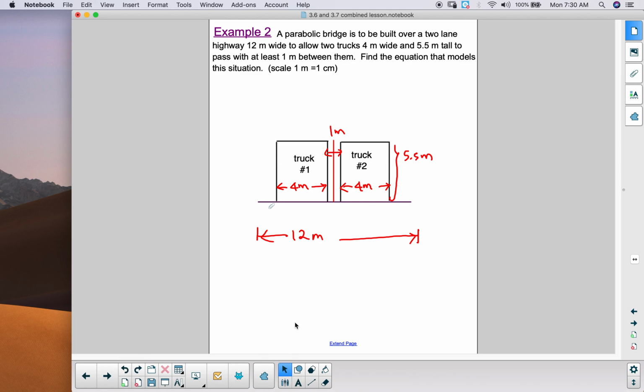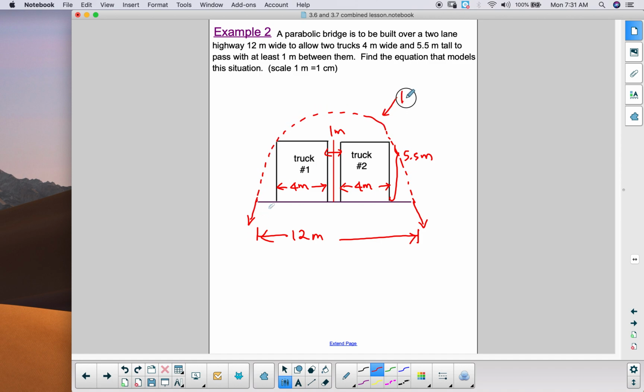Let's say it goes like that. Okay, so that's a parabola. Then that would be the bridge. Then how would we come up with some points that would help us solve this problem? That would help us come up with the equation of this quadratic, which is the bridge.